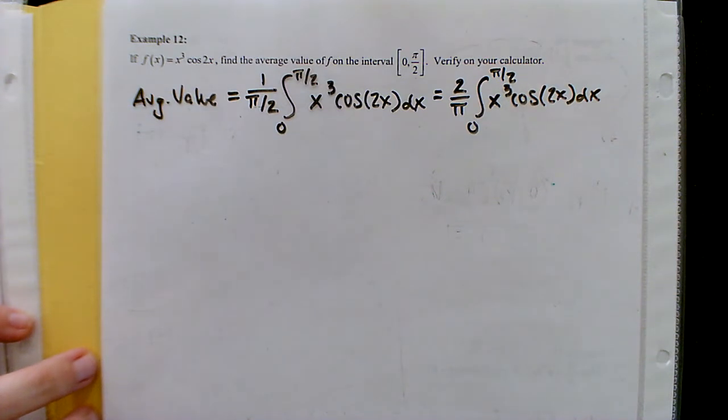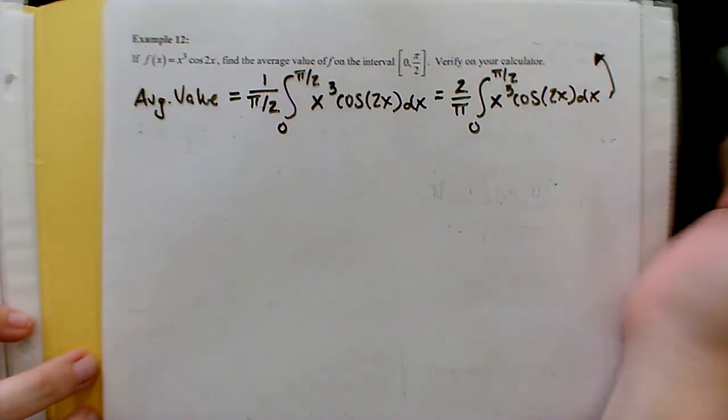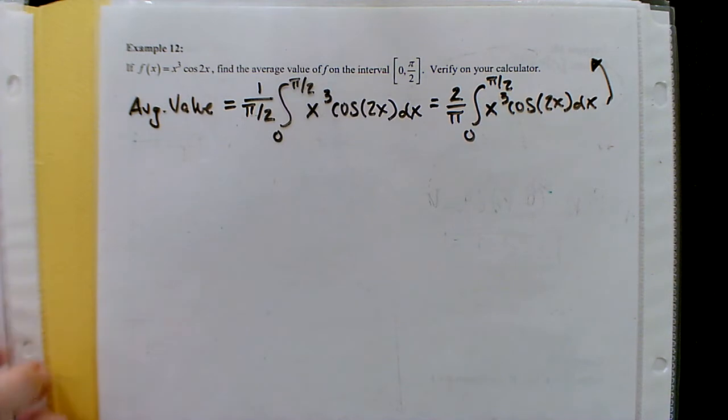And then we're going to try to get the same answer by hand. Let your calculator do the work at first, and then we'll try to verify it by hand. Make sure you're in radian mode because we have trig.